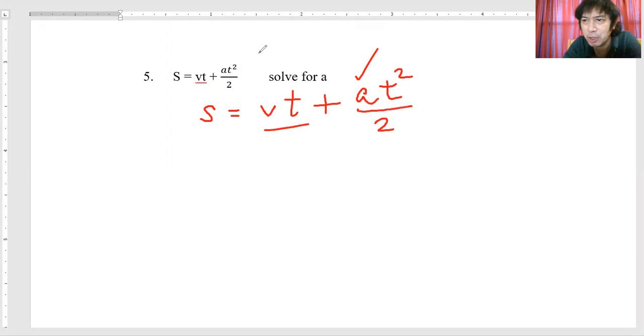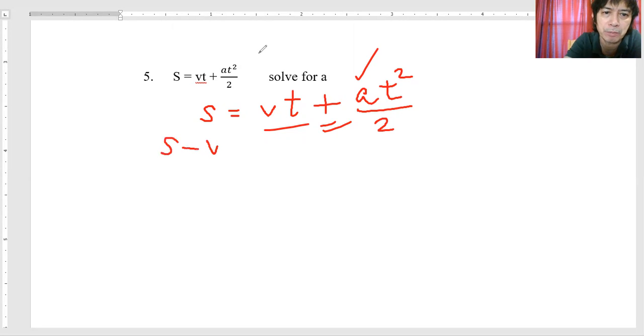First thing you will do, is it add, subtract, multiply, or divide? This is addition here. That means you can only do either subtract or add. And this is a positive v times t. So you will subtract v times t from both sides.